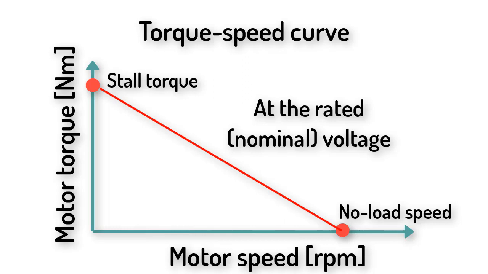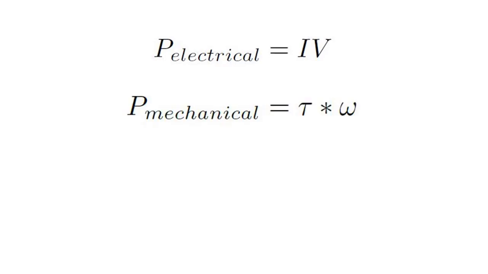Now, one thing we haven't talked about yet is the motor power. The motor converts electrical power, which we put into the motor, into mechanical power, which is the output of the motor at the shaft. We calculate electrical power by multiplying current times voltage, and we calculate mechanical power by multiplying torque times motor speed.